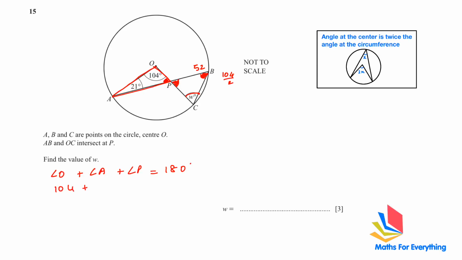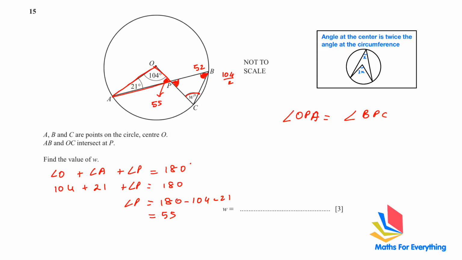Replace your O and your A. So angle P is equal to 180 minus 104 minus 21. You will get 55. So this angle here is 55. Therefore, angle OPA is equal to angle BPC. The reason being, vertically opposite angles are equal. So this angle is also going to be 55.